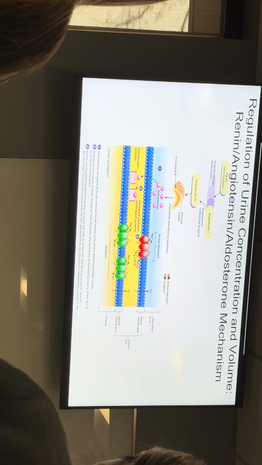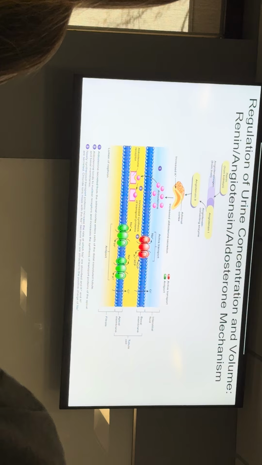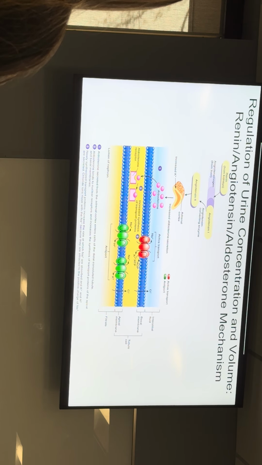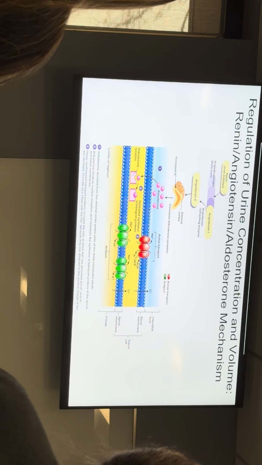Renin goes to a protein that's in your blood produced by your liver that's always there called angiotensinogen, and that gets converted into angiotensin 1. Then angiotensin 1 goes to ACE receptors, angiotensin converting enzymes. Those are found mostly in the lungs, however they are found throughout the rest of your body as well.